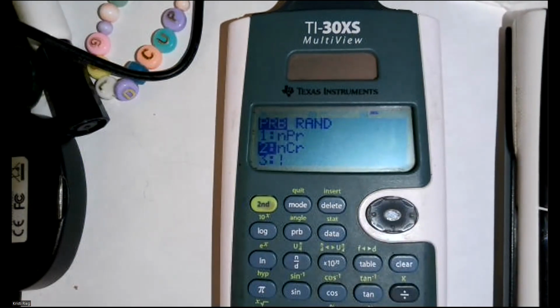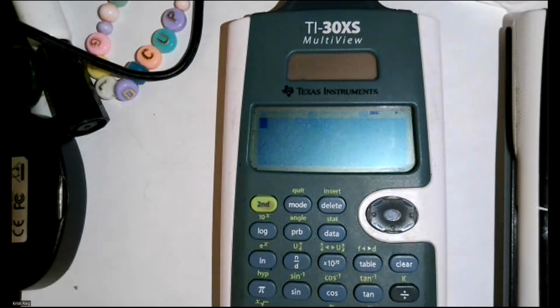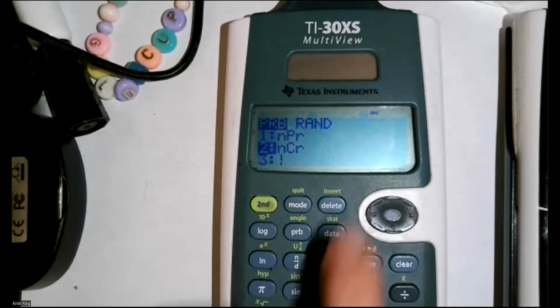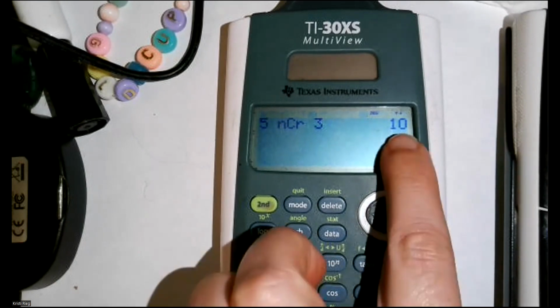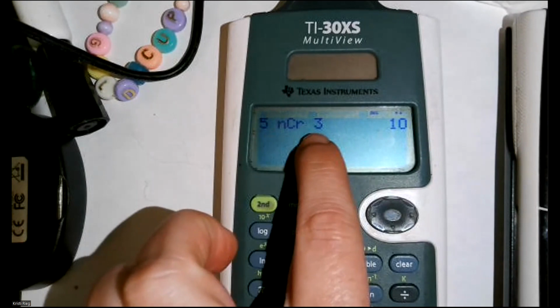Now, in order to use that button, you need to type a number at the beginning and a number at the end. So for example, let me clear all this. If I have a 5, and then I go to probability, NCR, and then hit 3, the calculator is going to give me the answer of 10, which means my N is 5 and my R is 3.